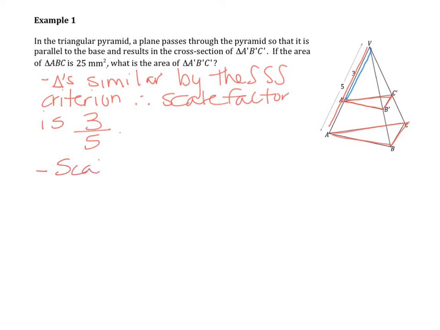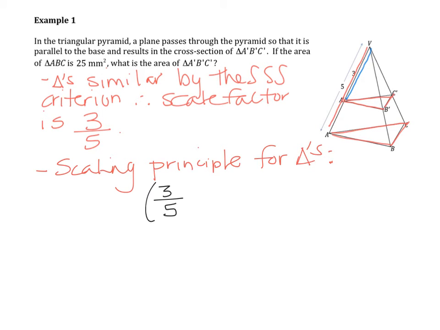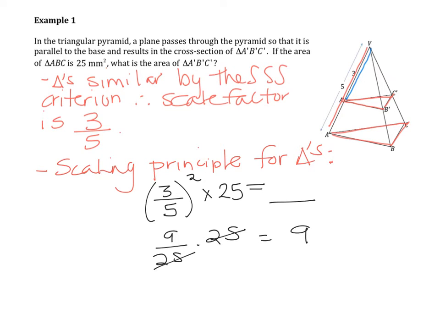Okay, so scaling principle says we can take the scale factor and square it and multiply it by 25 and get that equal to a value. So we have 9 over 25ths times 25. These two cancel out and we get 9 left.